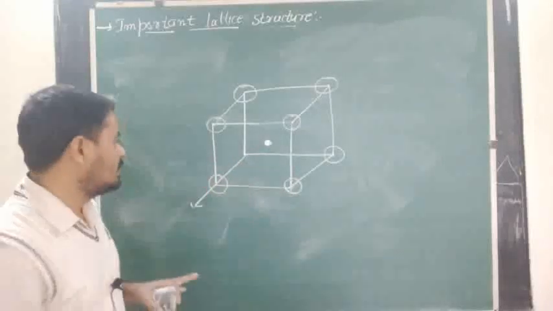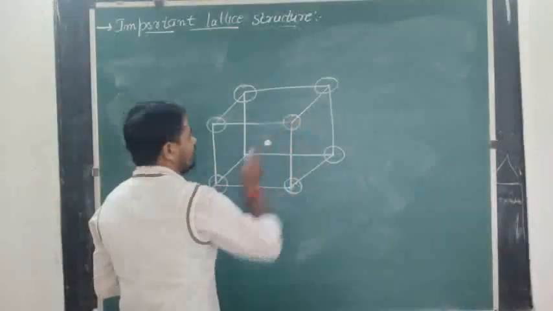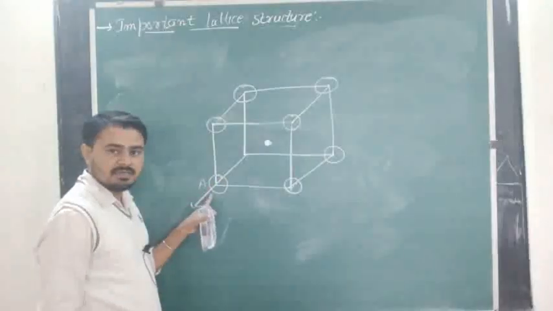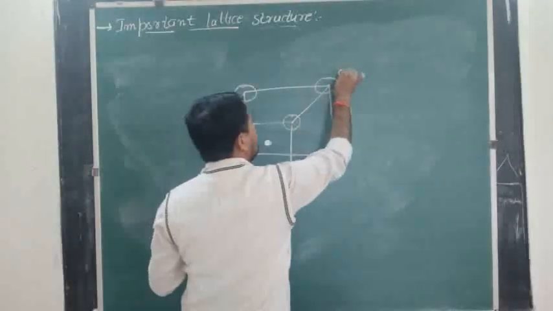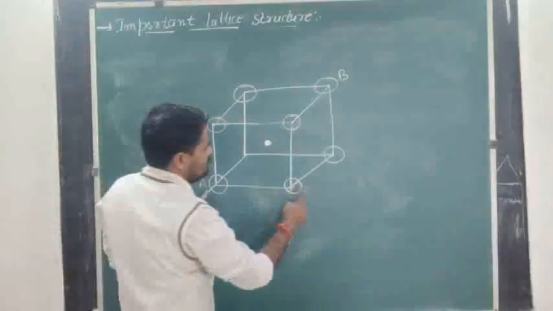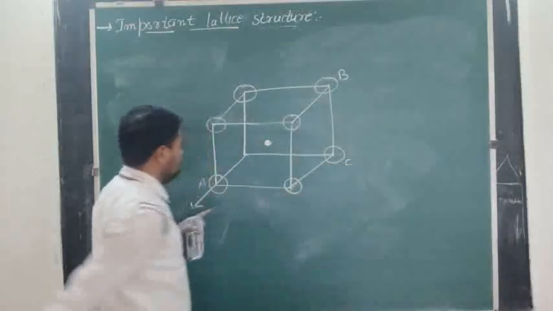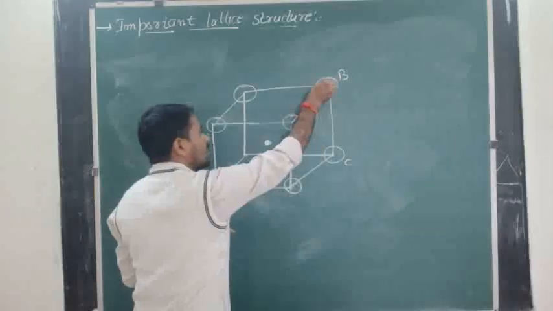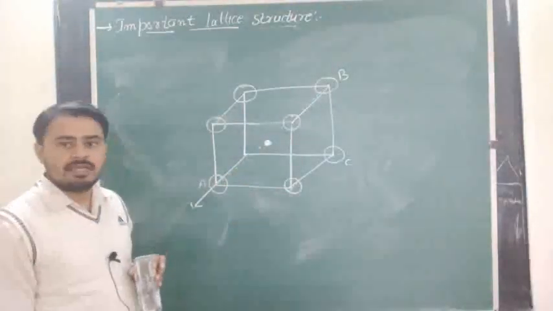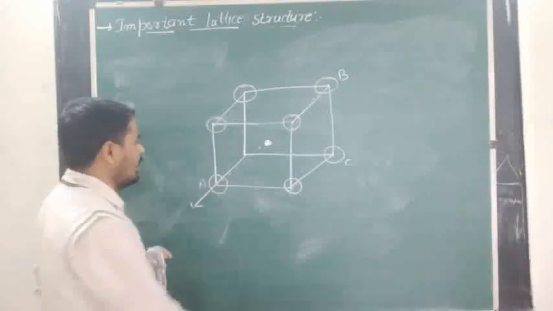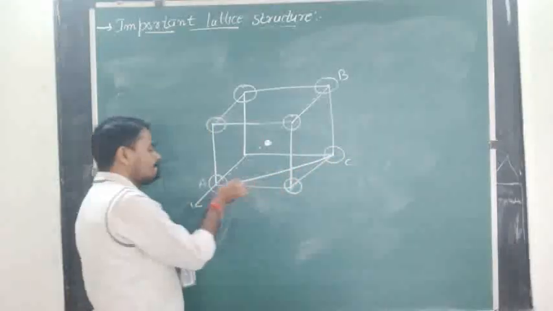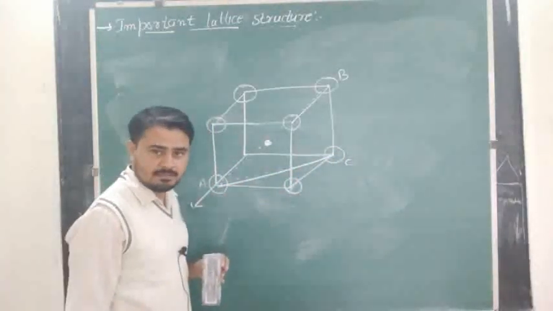Is it clear? Now, in this case, if I take the diagonals, the body diagonal, let us suppose this is A, this atom, and this point is say B, which are diagonal, the body diagonal, and this atom say C. B to A represents the diagonal of the body, and A to C represents the diagonal of the face. Clear?